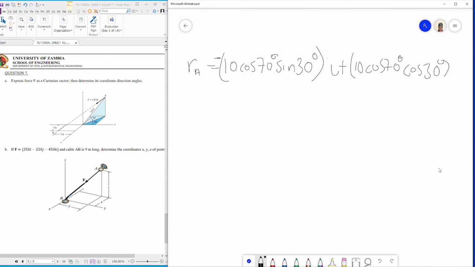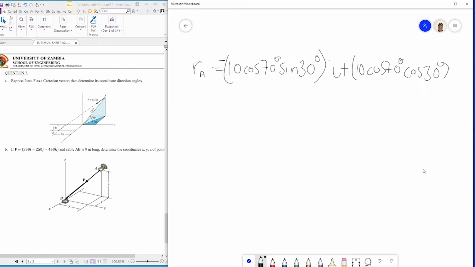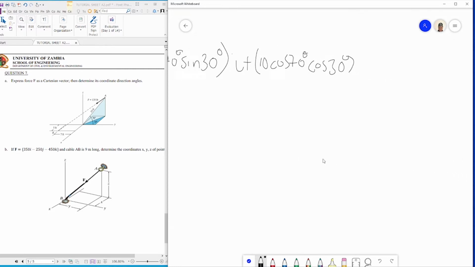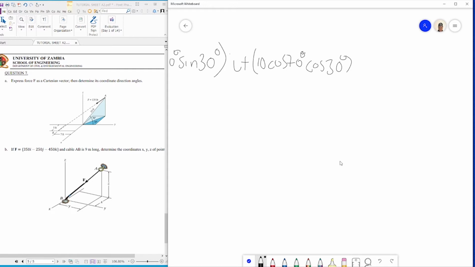We have overzoomed this thing, but we'll work like this. And then for our k, it's simply plus 10 sine 70 degrees.